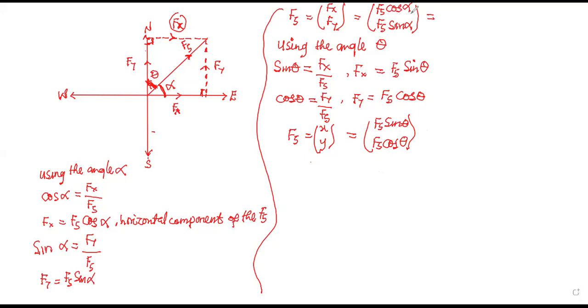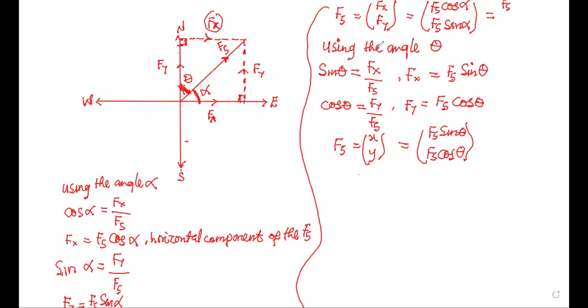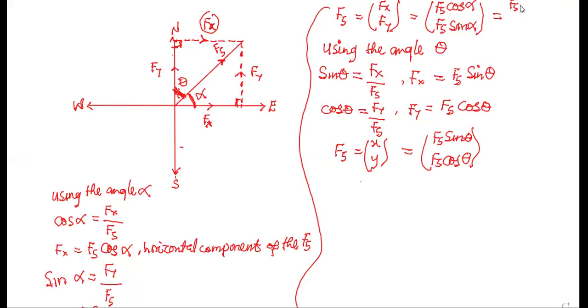So F5 cos alpha, F5 sin alpha is also equal to F5 sin theta and then F5 cos theta.